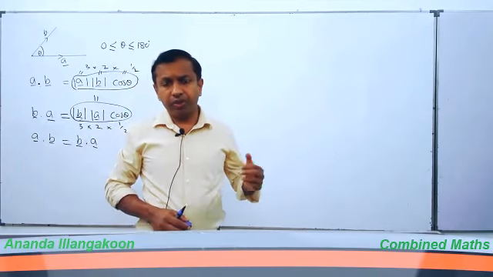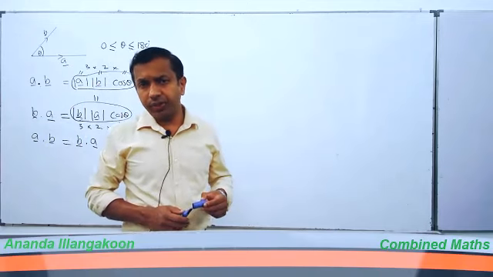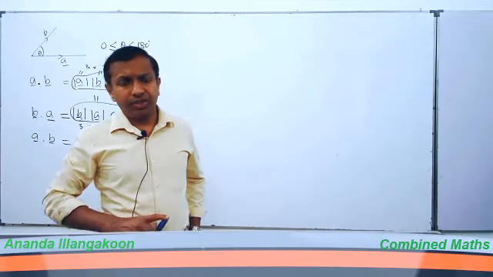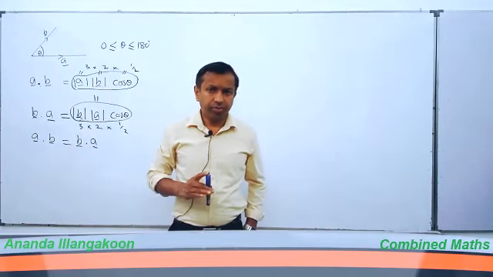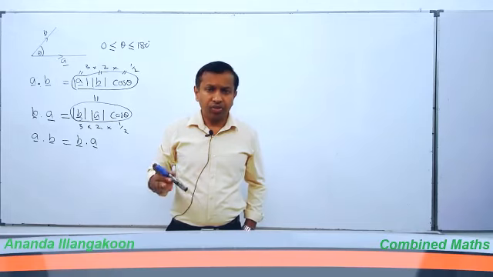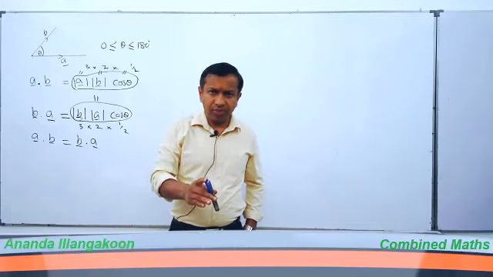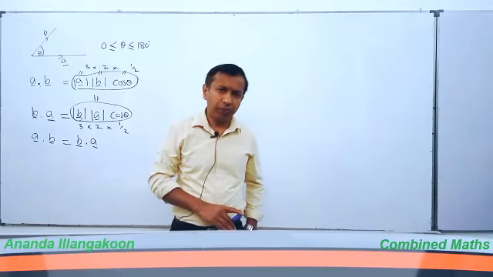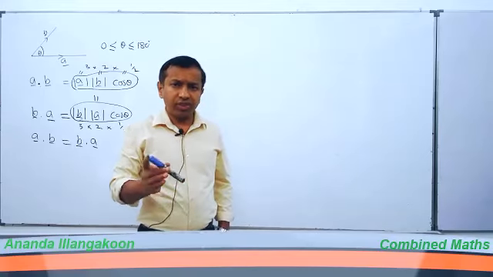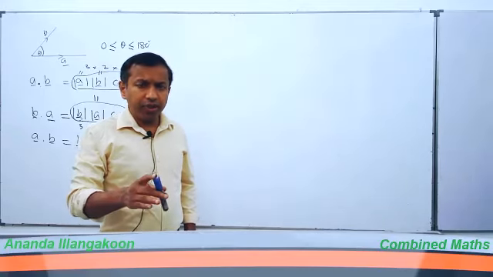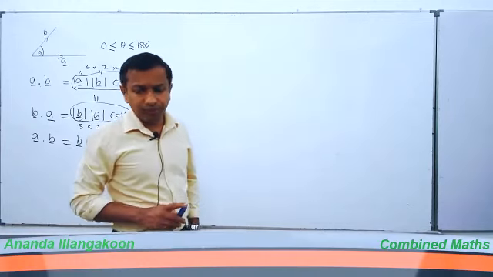A dot B equals B dot A means that by interchanging the order of taking the dot product between two vectors, the answer won't change. That is to say, when we multiply two real numbers, 2 multiplied by 3 is equal to 3 multiplied by 2. Similarly, when we take the dot product between two vectors A and B, A dot B is equal to B dot A.